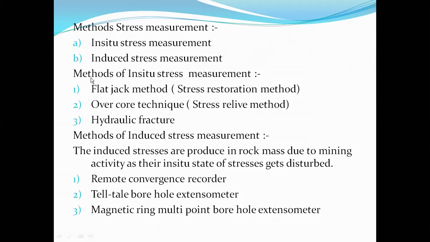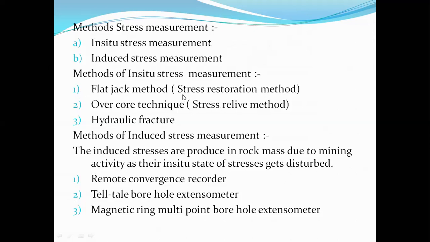Next, what are the methods that we'll be using to measure these two? The first one is methods of in situ stress measurement. Under that, the flat jack method is the most widely used method of measuring the in situ stress in the field. It is also known as the stress restoration method. This is very important from an entrance exam point of view.